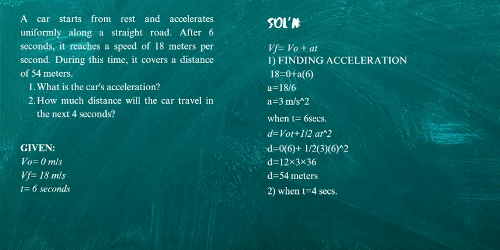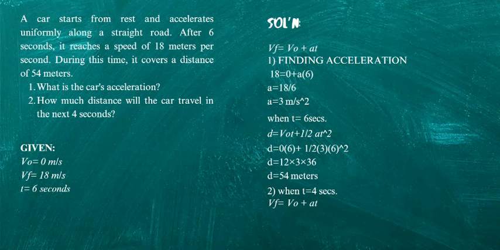We can use the same equation as before to find the final velocity after 10 seconds: final velocity equals initial velocity plus acceleration times time. The initial velocity at the start of this next 4 seconds period is 18 meters per second, since that's the speed after the first 6 seconds.